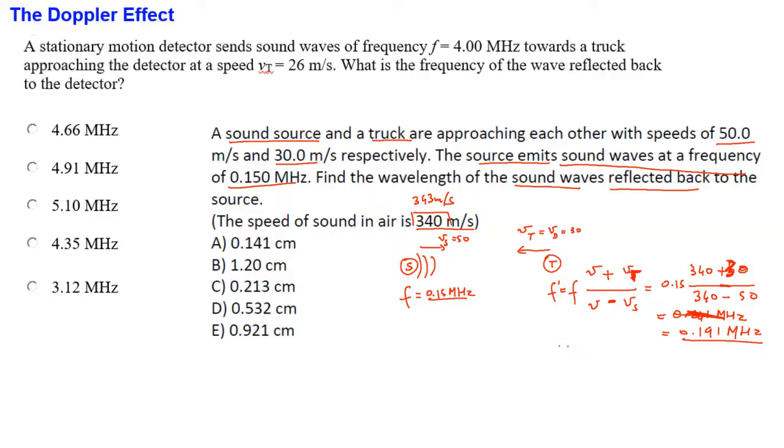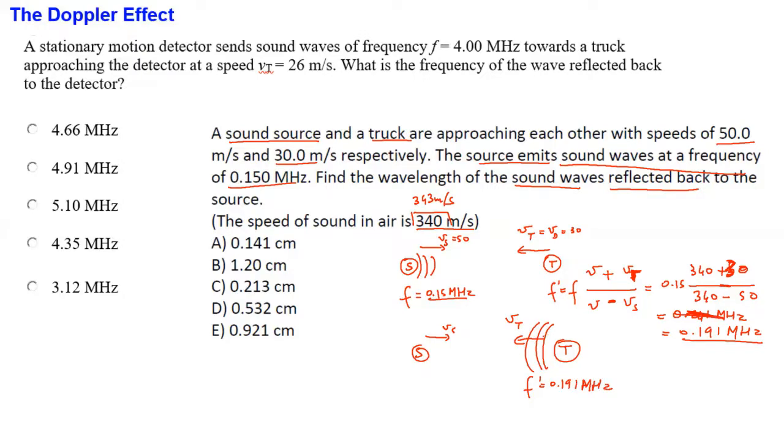Now, the track is still moving in the same direction, and the source is still moving in the same direction. Now the track will echo. So now I will have here F prime, and I know F prime, 0.19 megahertz.